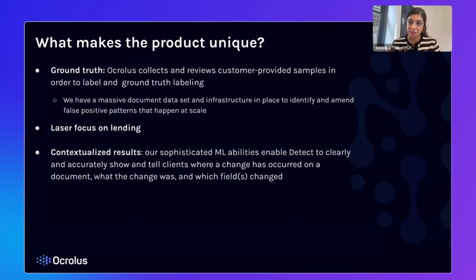And that really brings me to what makes our product unique at Ocrolus. There's a couple things. So one is that ability to perfectly analyze and parse the data on a document with perfect accuracy. That is unique to Ocrolus. That is our core capability, and it allows us to come up with these signals on documents that are really contextualized.